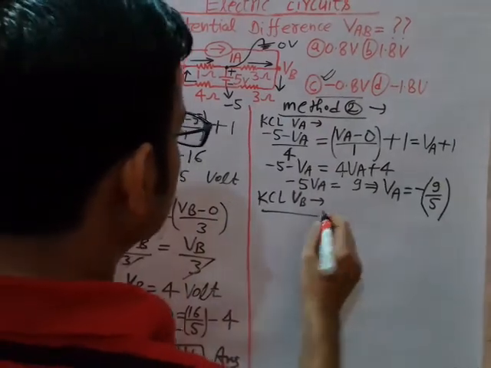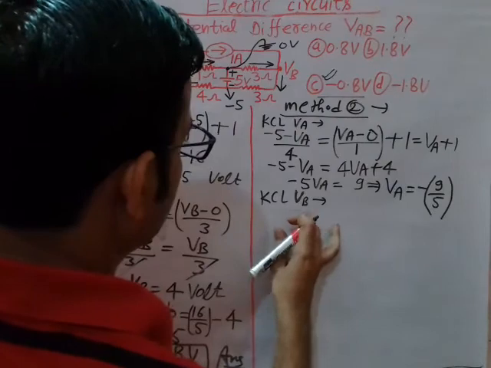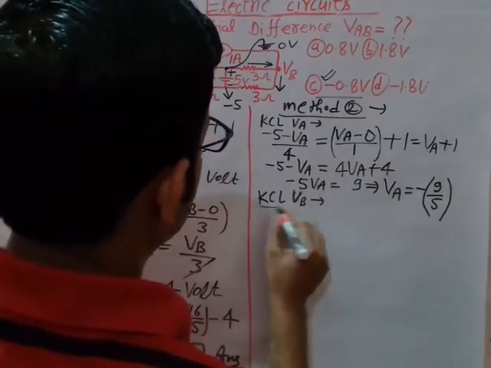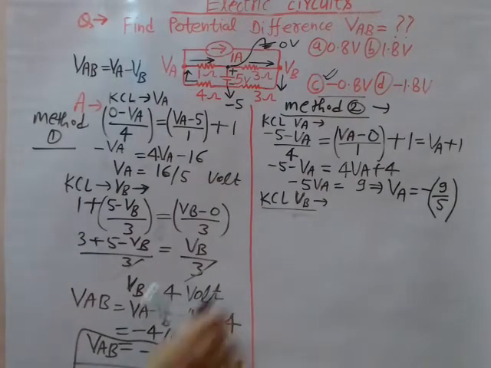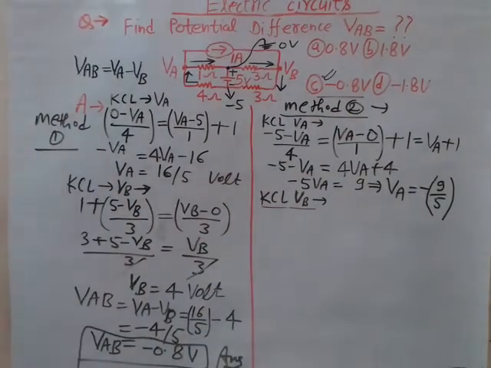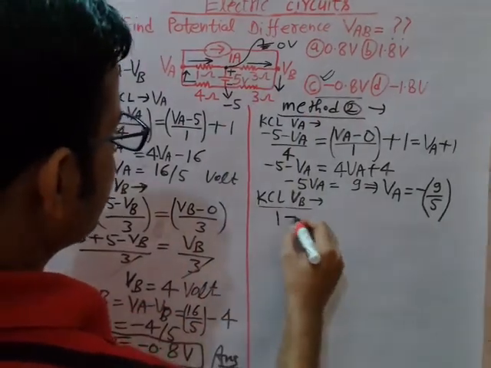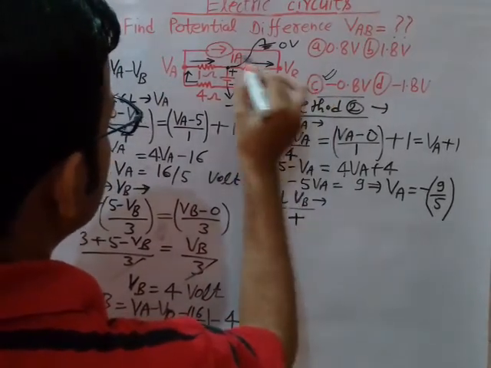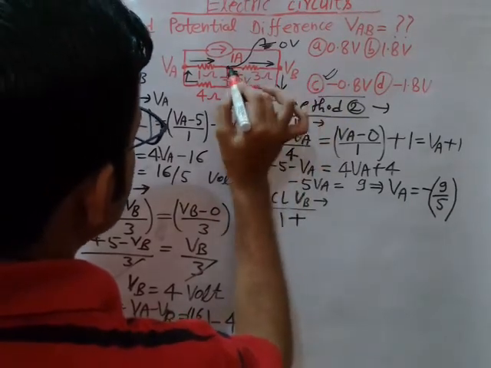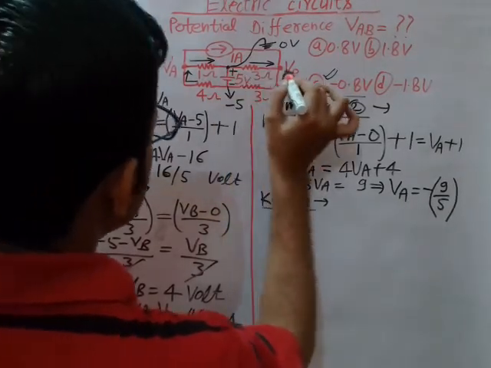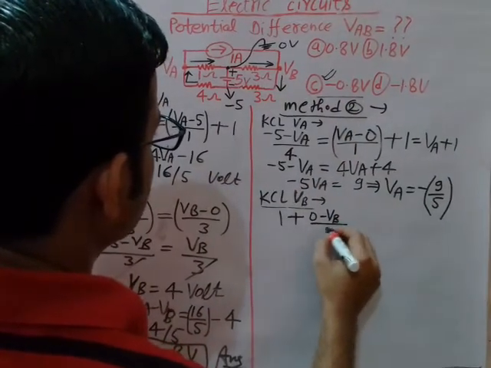So you will write 1, the incoming current due to this current source. Now this current is 0 minus VB divided by 3.